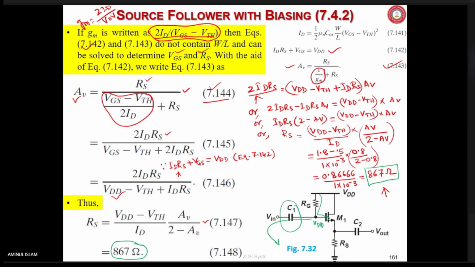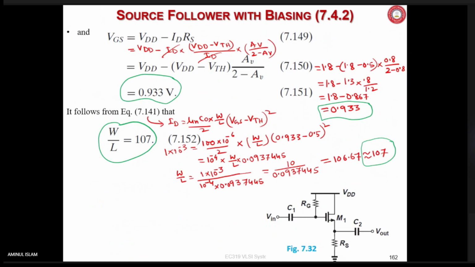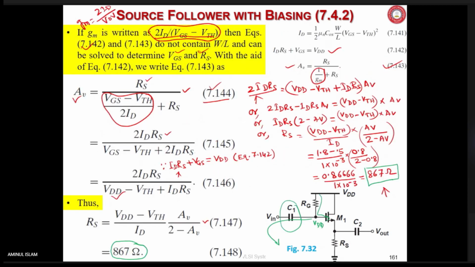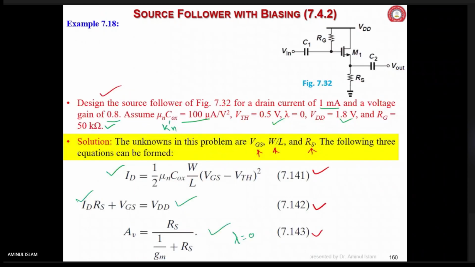Okay, now not to waste time, further things I have calculated, see whether you are getting or not. VGS we have to find out. There are 3 parameters: W by L, VGS, and the other one was RS.